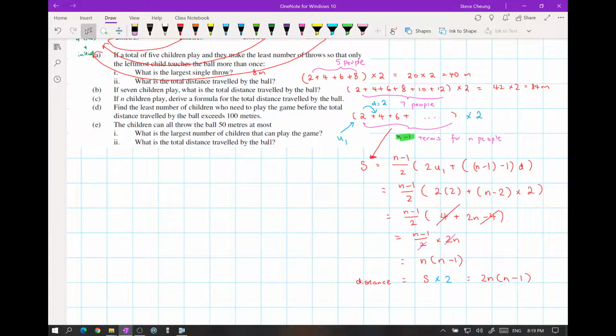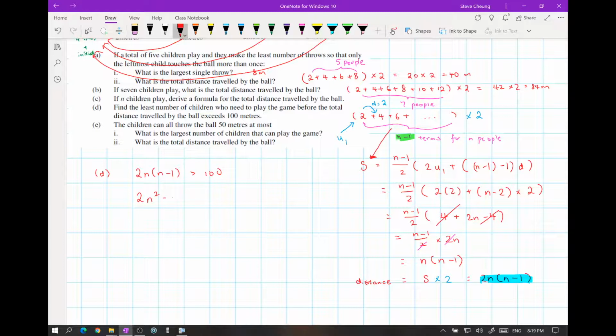Whew. All right. Part D is to use the formula to find out how many children do we need so that the ball exceeds 100 meters of travel. So we already have the formula here. So basically, we need to just set it greater than 100. Again, you can use quadratic inequalities or you can use a GDC.